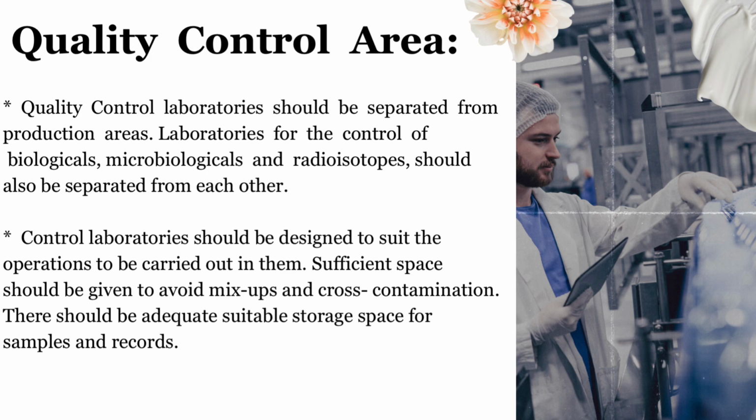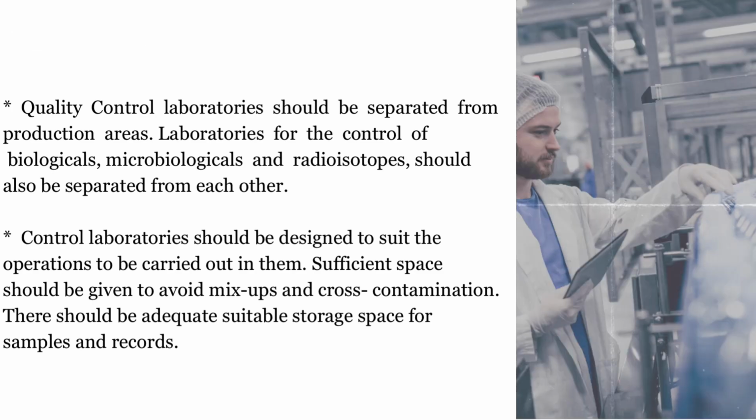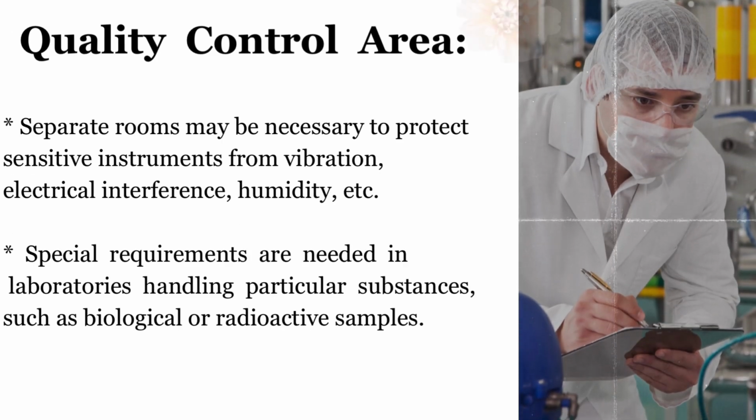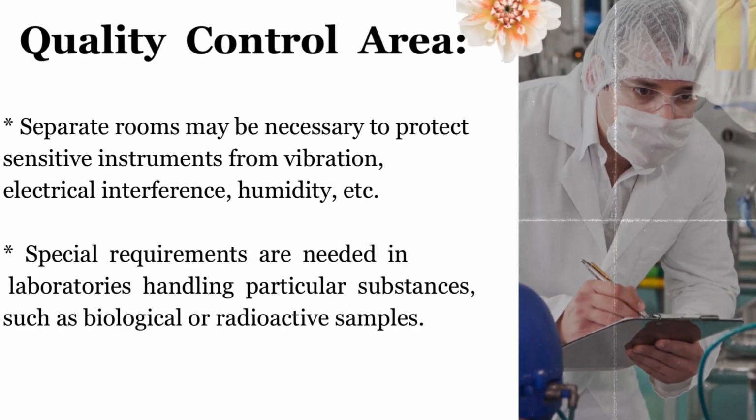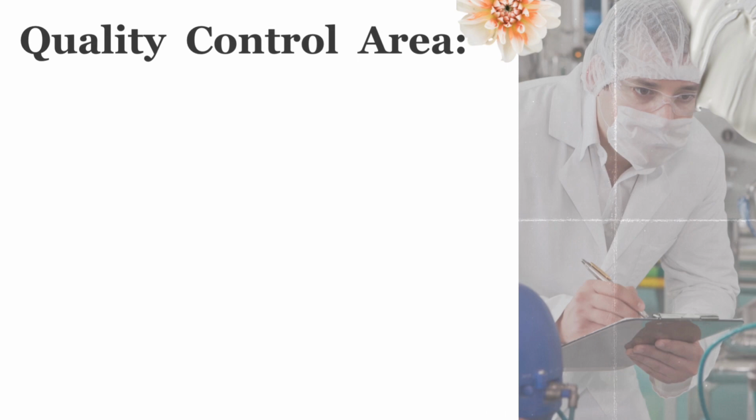There should be adequate suitable storage space for samples and records. Separate rooms may be necessary to protect sensitive instruments from vibration, electrical interference, and humidity. Special requirements are needed in laboratories handling particular substances, such as biological or radioactive samples.